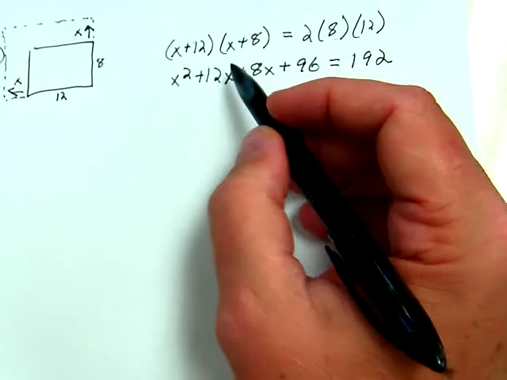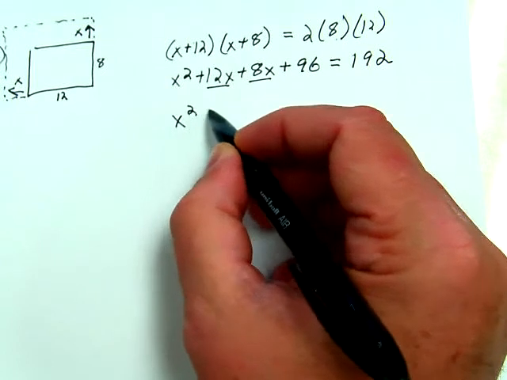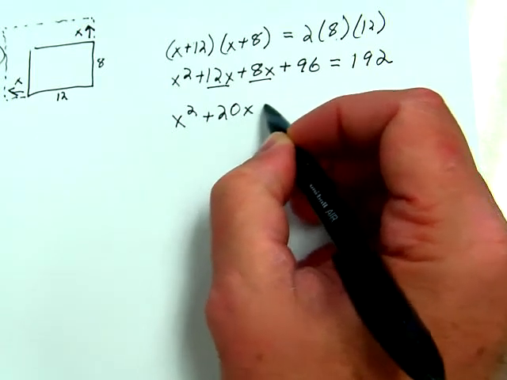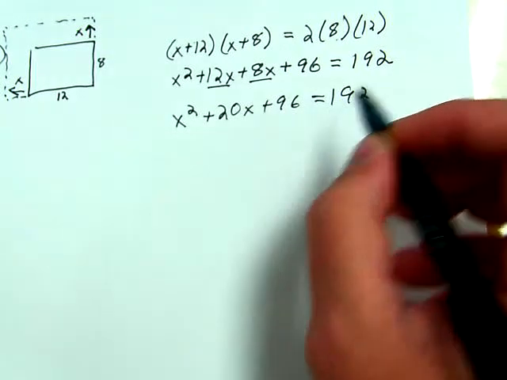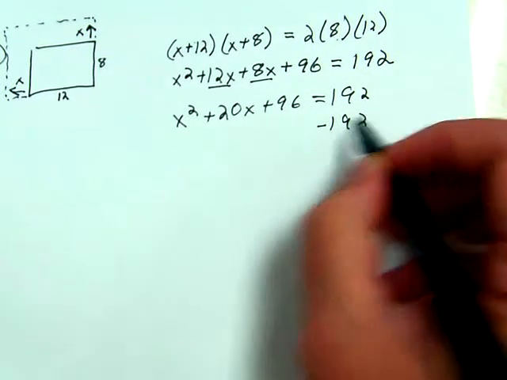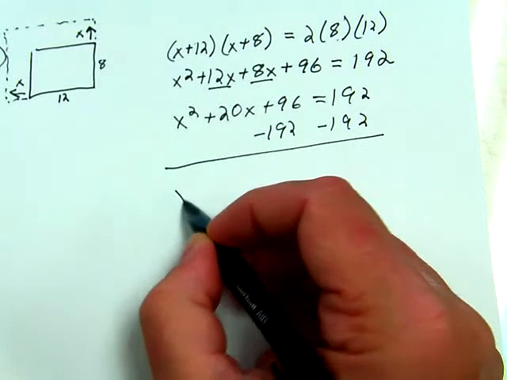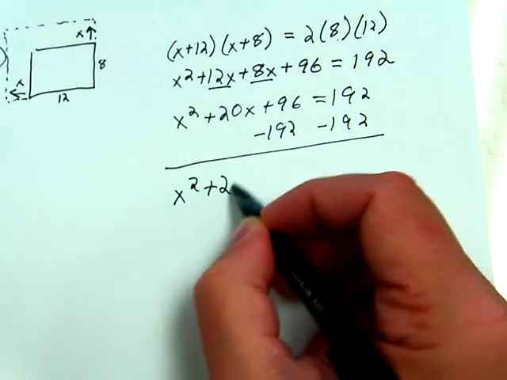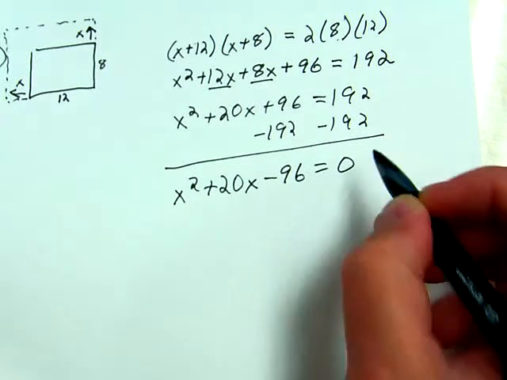And now I notice that I have like terms, so I'm going to go x squared plus 20x plus 96 equals 192. Now I'm going to subtract 192 from both sides. X squared plus 20x minus 96 equals 0.